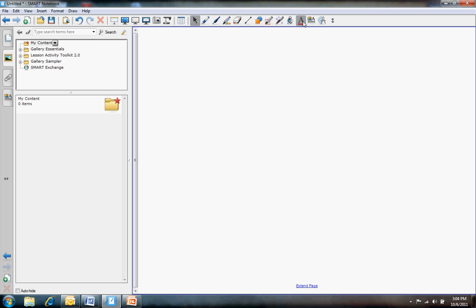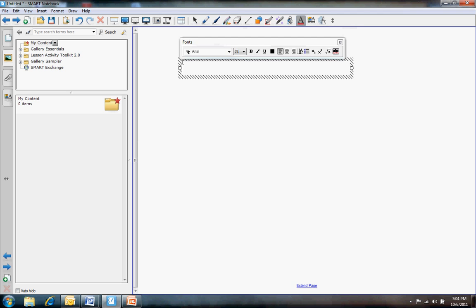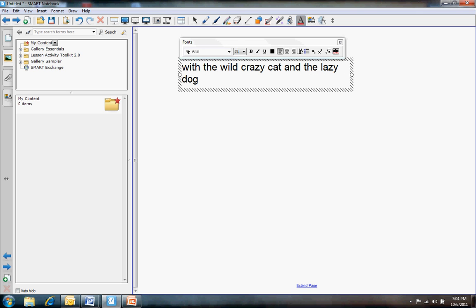We'll write it again. The wild, crazy cat. And we had with. And then let's have another object to this preposition, and the, let's say, lazy dog. There is our prepositional phrase.